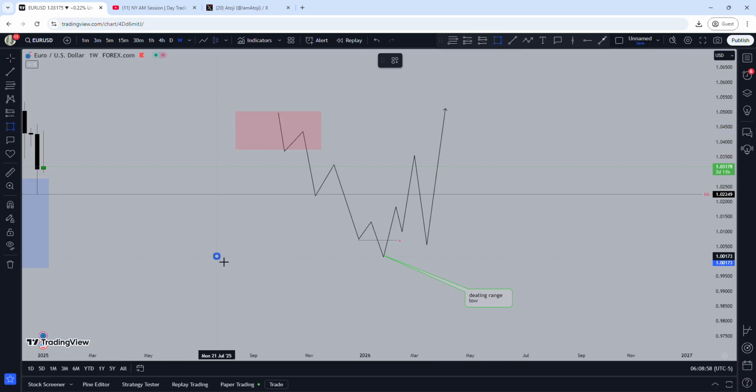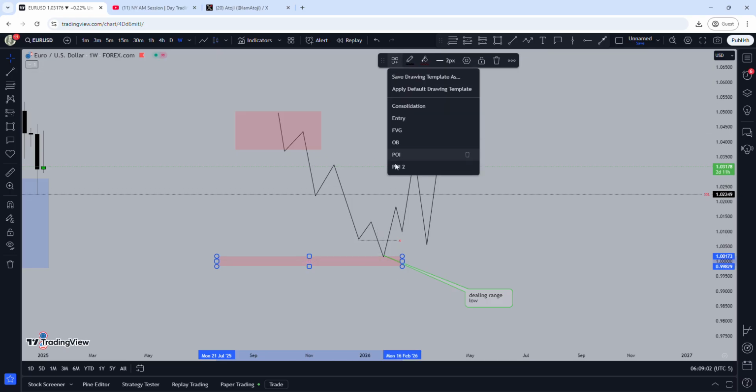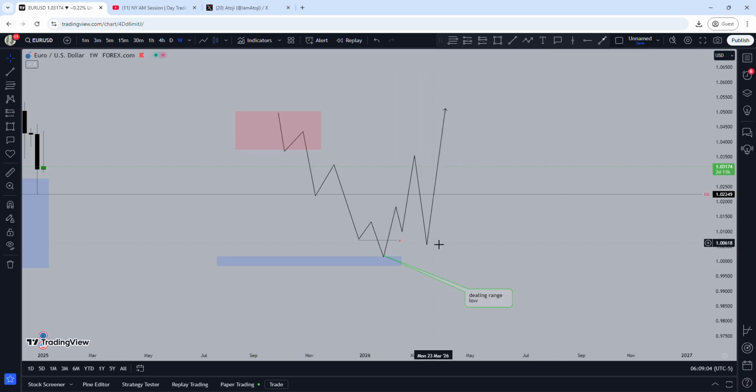Are we together? Now when this happens, it most times comes into an HTF key level. So price swept liquidity, displaced above, giving us what? A market structure shift.